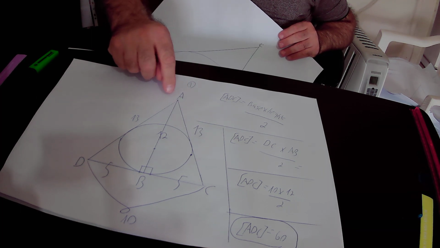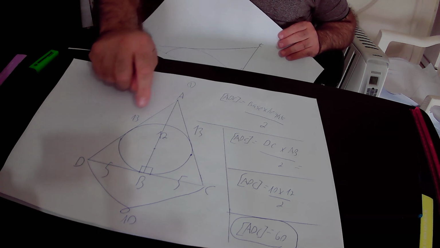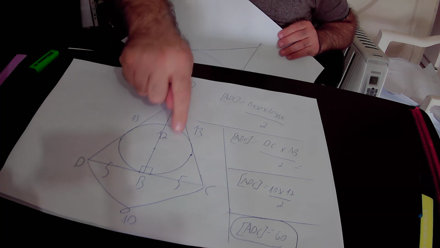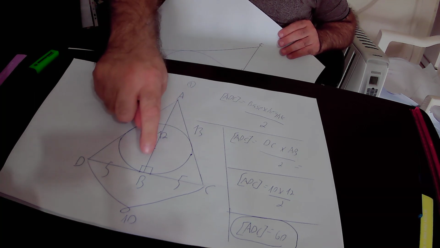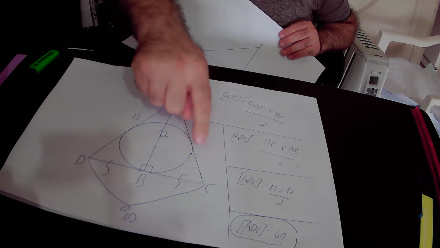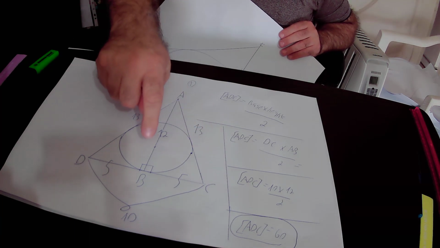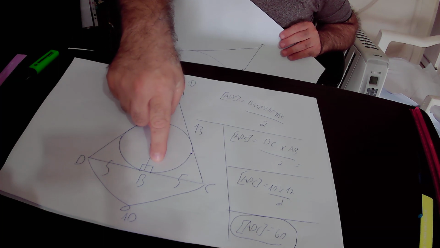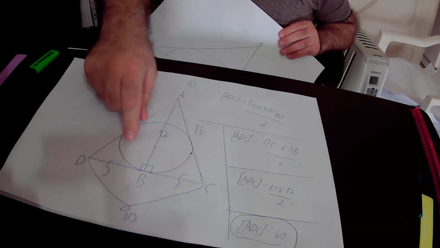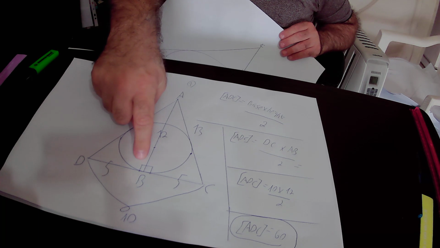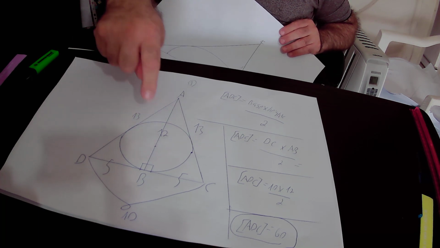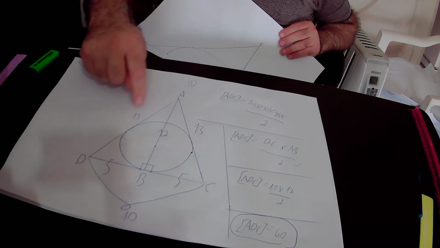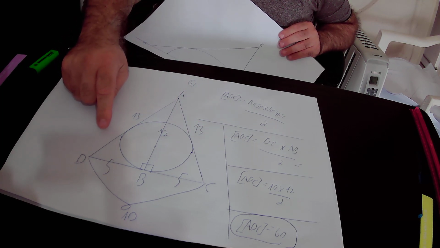The original image is ABC. This is the original image. We know that AB equals 12 units. We found that AC equals 13 units, BC equals 5 units, as given in the question. We know that this angle ABC is 90 degrees, and this is the mirror image, so this angle will also equal 90 degrees, and AC must equal AD, so AC is 13, so AD will also equal 13.